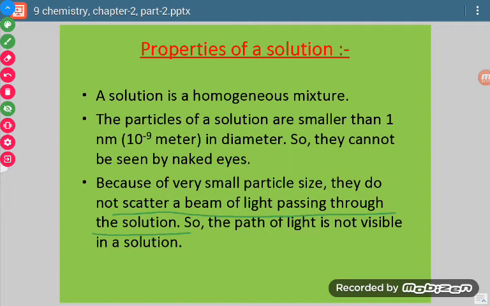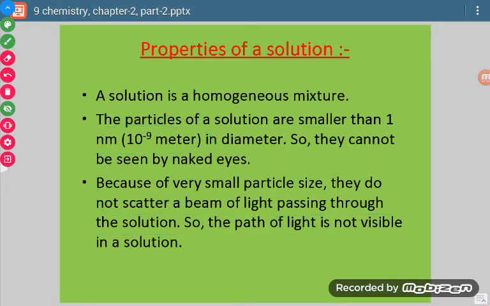Why does it happen? Because in those two cases, particle size is larger and those particles are capable of scattering the beam of light. But when we take a solution, particle size is very small, so because of the very small size, they cannot scatter the beam of light.